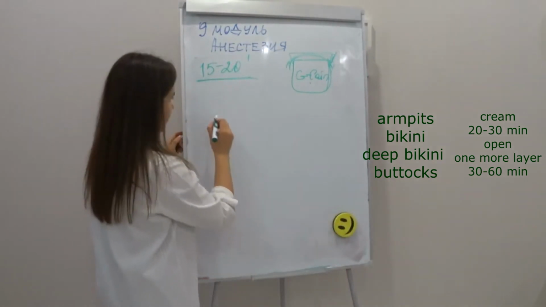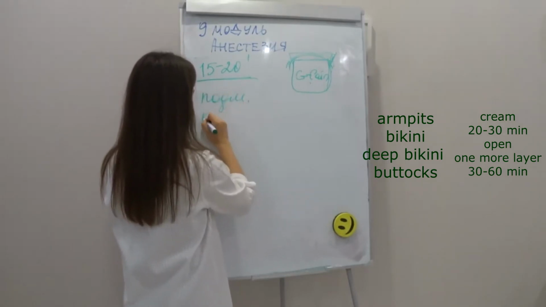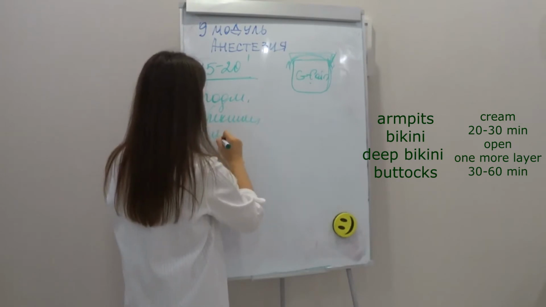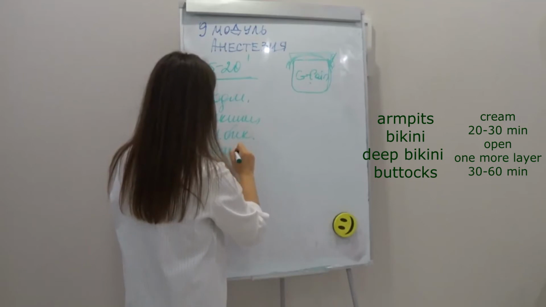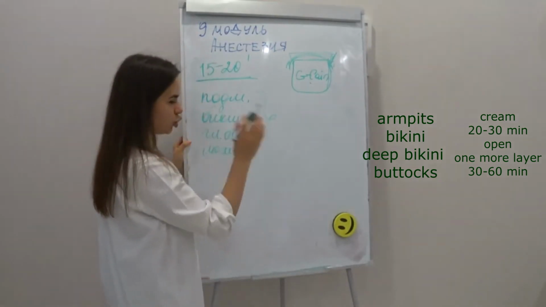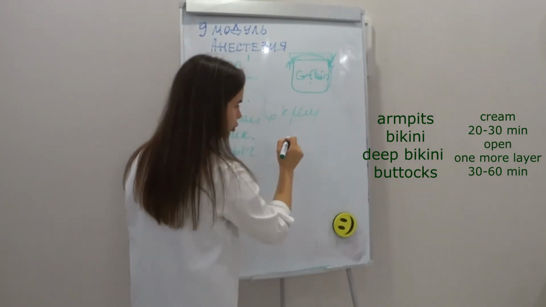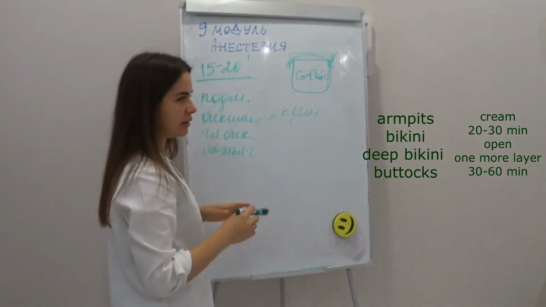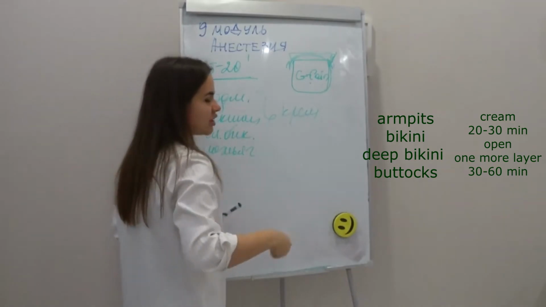Let's talk about the body. Everything about the armpits, bikini, deep bikini, the buttocks area. The clients apply the cream under the tape at home, having done all they need in the toilet beforehand.